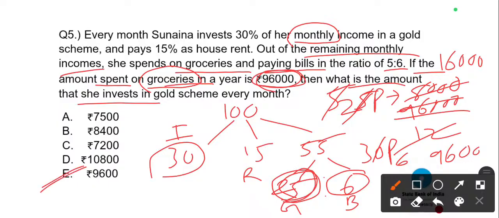Option E, right answer. Bhavani, right answer. It is 25 parts. Here it is in the ratio of 5:6, so it must be 25 parts, and this will be 6 times 5, 30 parts.